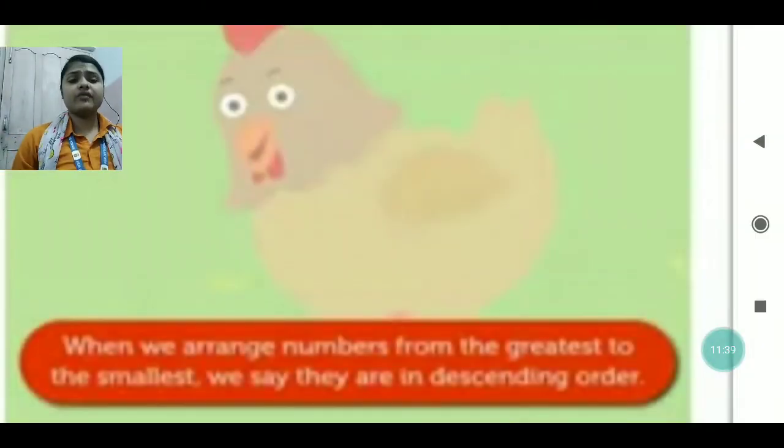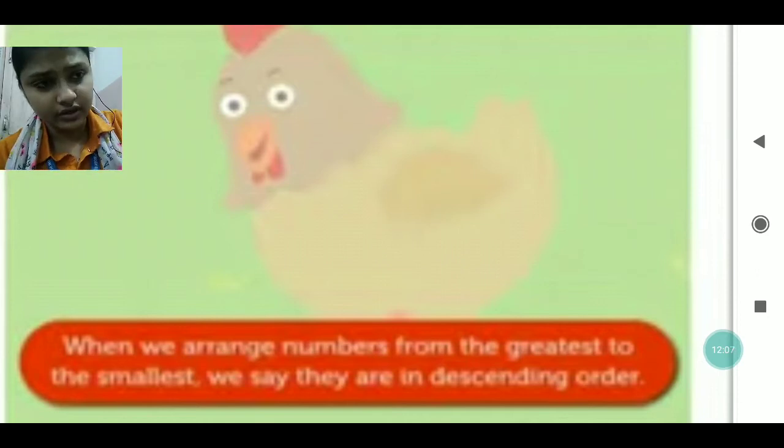When we arrange numbers from the greatest to the smallest, they are in decreasing order. In the example I have given, 9, 8, they are decreasing every time from the bigger to the smaller. So they are considered decreasing order numbers.